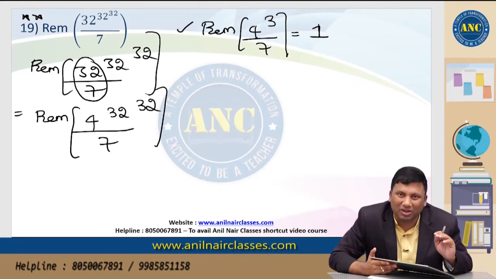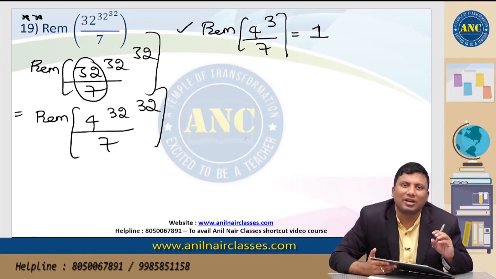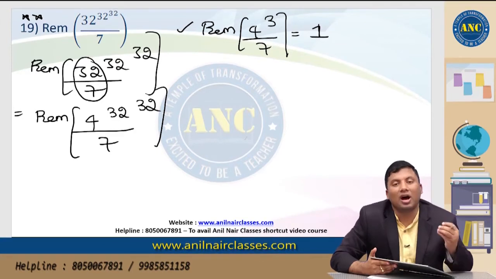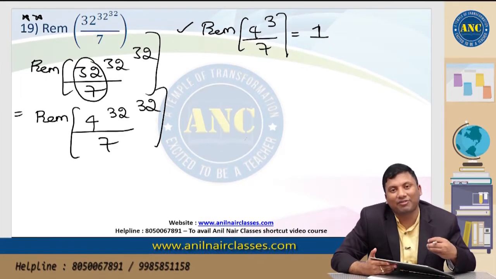Don't do minus 1, because if you do minus 1, unnecessarily you have to check the power of the power. Minus 1 power even number is 1, minus 1 power odd number is minus 1, so you have to check whether the power is odd or even. But 1 power any natural number is 1.